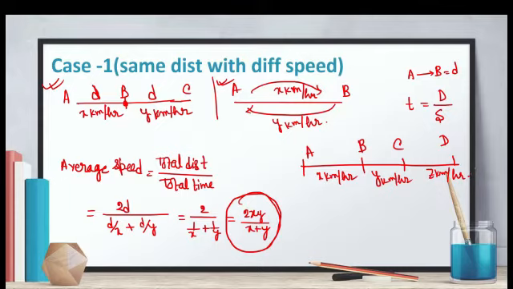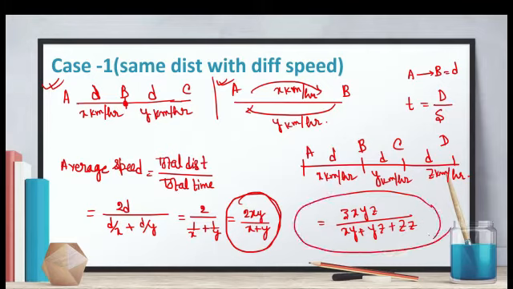If the car covers the same distance, and the distance is d for all the time, with three different speeds, x kilometer per hour, y kilometer per hour and z kilometer per hour, then the average speed will be 3xyz upon xy plus yz plus zx.